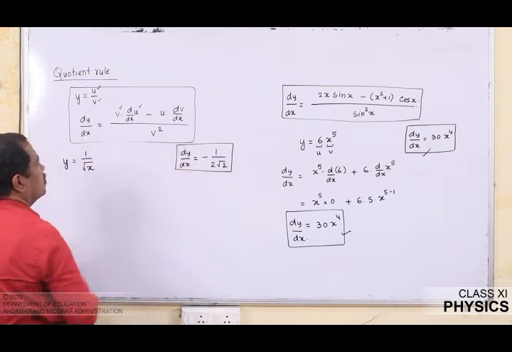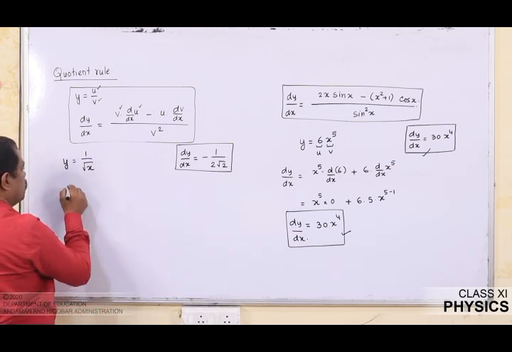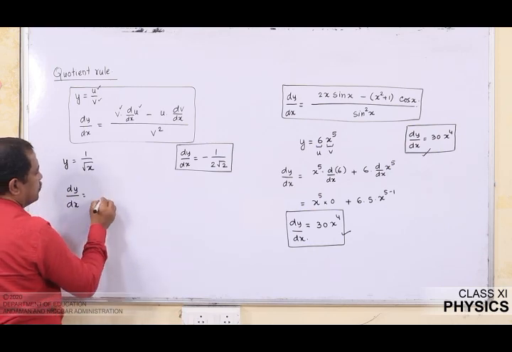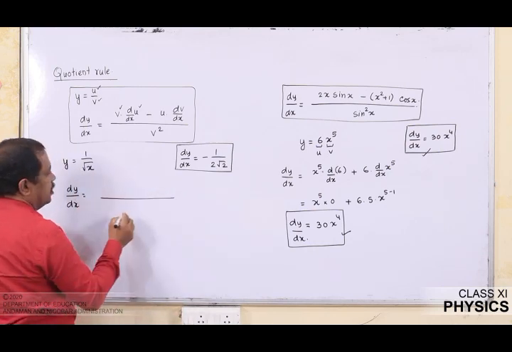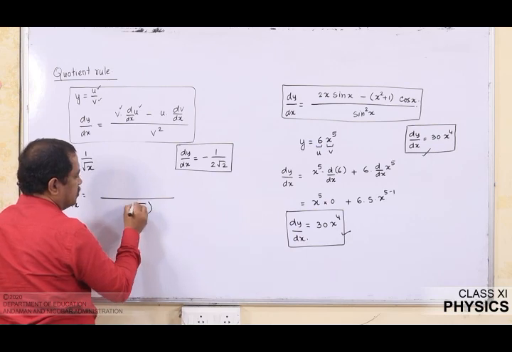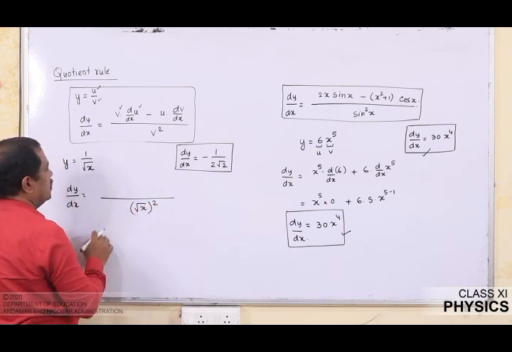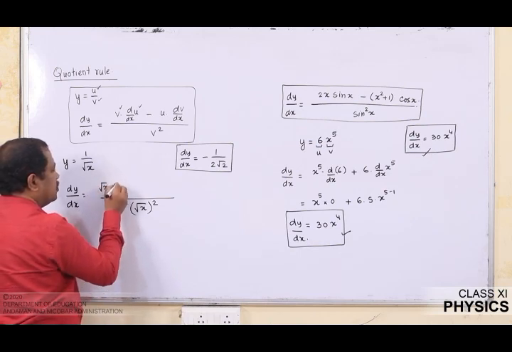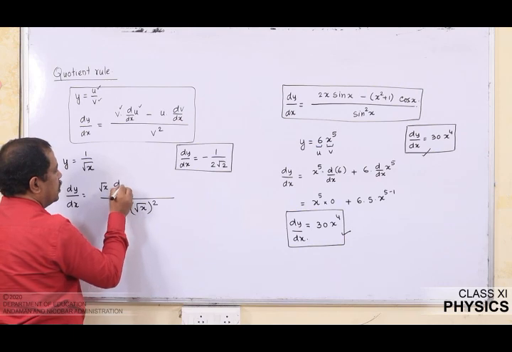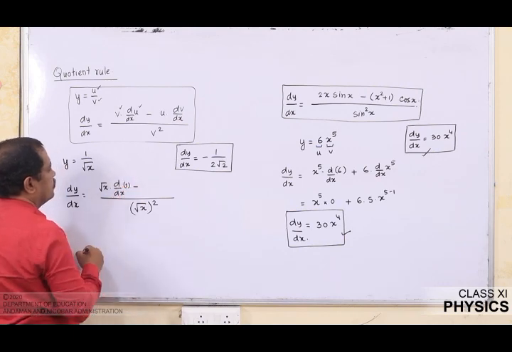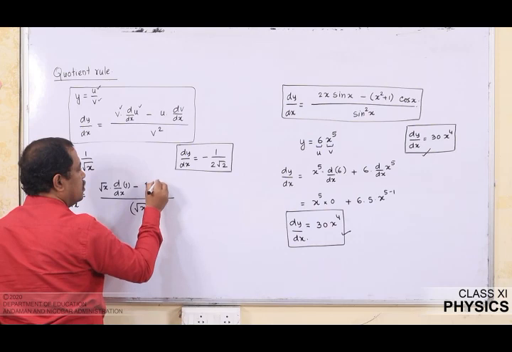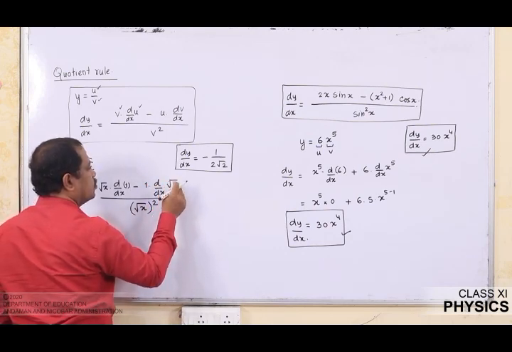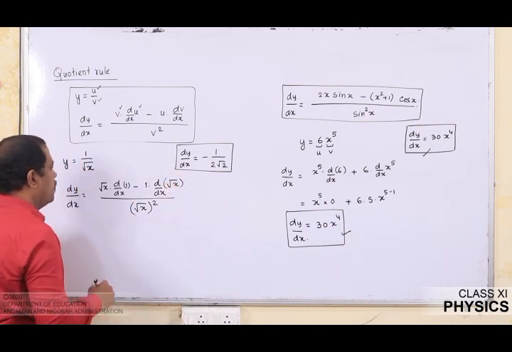Now, I am going to use the quotient rule. Using the quotient rule, dy over dx is equal to the square of the denominator, so root x whole square, at the numerator, I have denominator times differentiation of numerator minus numerator times differentiation of denominator.